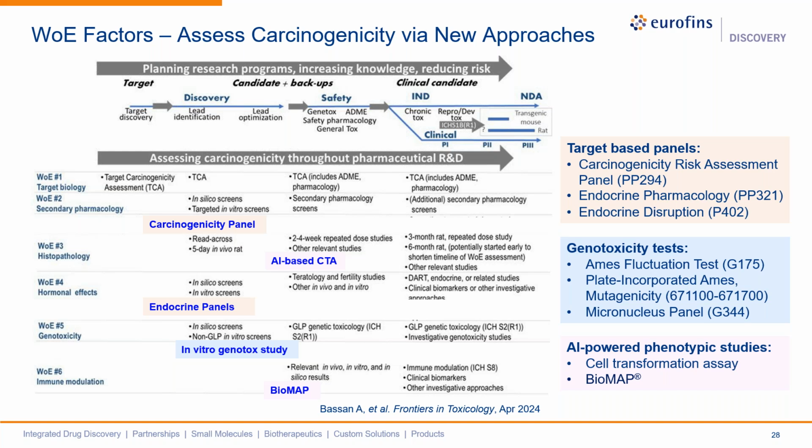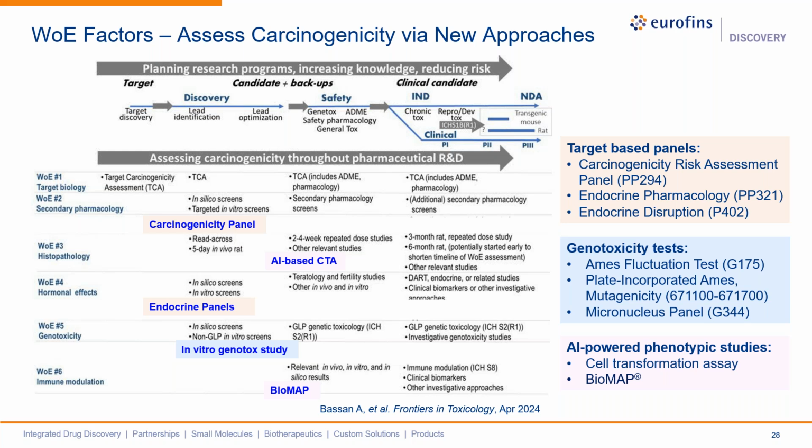Like target-based carcinogenicity panels and the AI-based cell transformation assay for histopathology. Nuclear hormone receptor endocrine panels specifically for hormone effect. BioMap for immunomodulation screening.